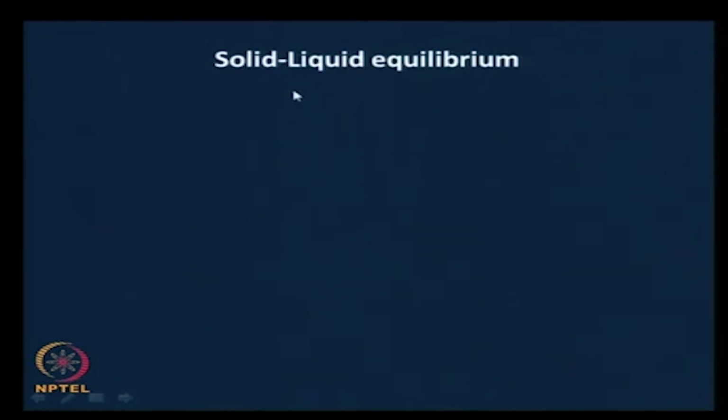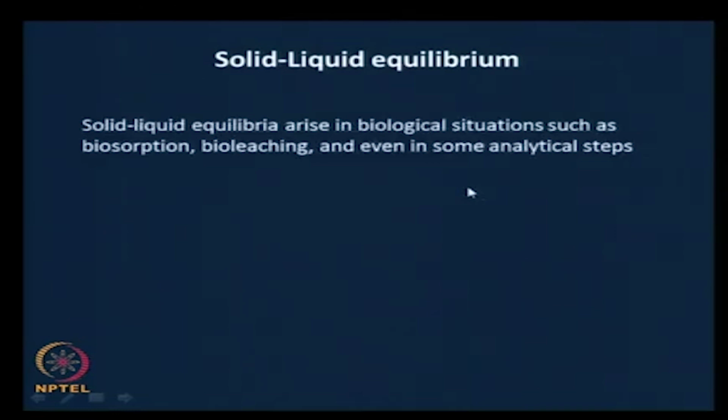So, for completeness, let us actually present this, since we are almost out of time in this particular lecture. Let me just present this, it is quite straightforward. This is an example of solid liquid equilibrium. There are many different examples of solid liquid equilibrium in biological systems.